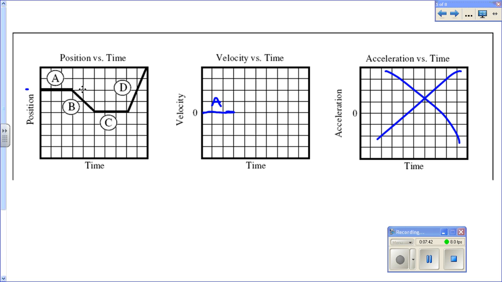So 1, 2, I'm going to skip 1, 2, and I'm going to go back to 0 for 1, 2, 3. So I'm back to 0 here. Now, B and D, what are we going to do with them? Well, B has to be a negative velocity because the slope is negative because it's going down left to right.